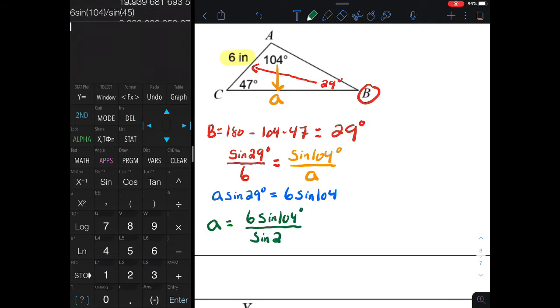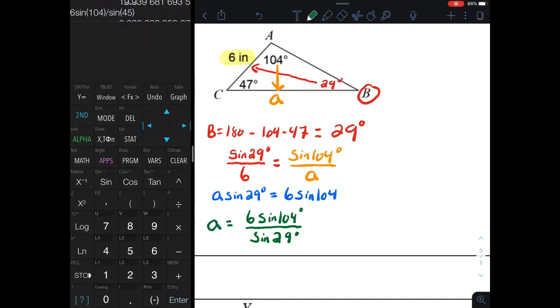And we would have side A equal to 6 times sine of 104 degrees divided by sine of 29. Now, if you're at home and you don't have a calculator, if you have an Android device, you can download the WabbitEmu emulator, and you can put pretty much any calculator you want on that. You can get a TI-84. If you have an Apple operating system, there is an app called Calculator X, which you can download for free, and the free tools have the basic stuff you would need to do most of the algebra problems.